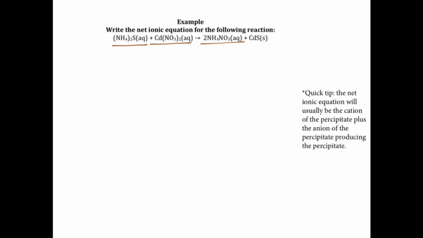And so we end up with something like this. The first thing we do is write it dissociated, breaking apart the ions to show that they are dissociated in solution. So this right here comes from that. Then we write this one: we have the cadmium, which is a 2+, plus the nitrate, which is a 1-, but notice there are 2 of them here, so we put a 2.